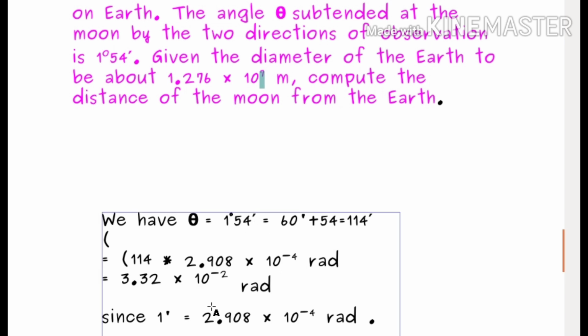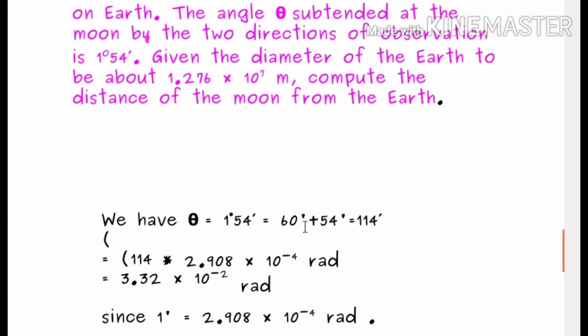Now let us convert this, because it is using two systems of angle. One is degree, the second one is minute. So 60 minutes, because 1 degree is equal to 60 minutes, and then we can simply add 54 minutes.